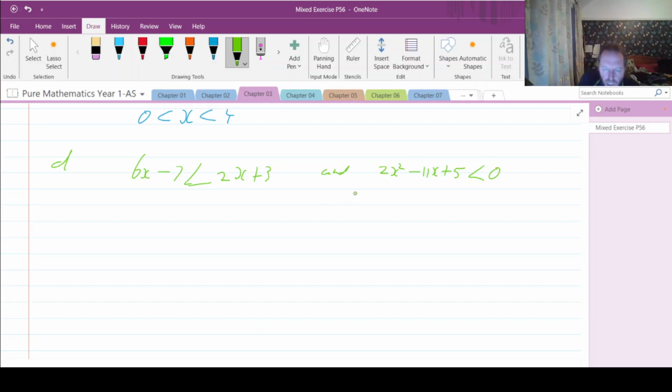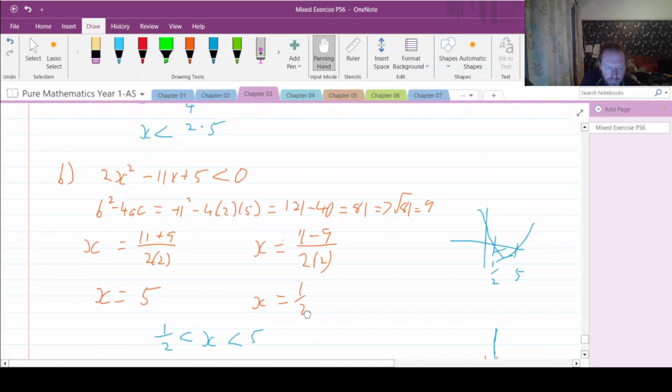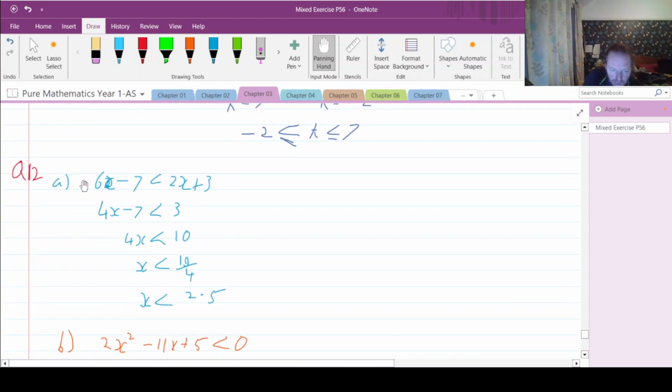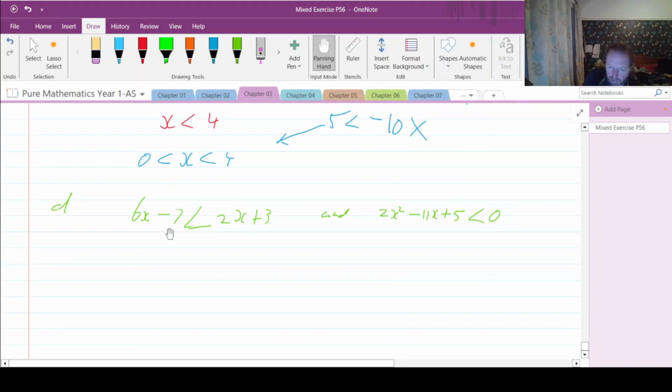Okay, that looks familiar. That's the first part up here as well, question A, B.